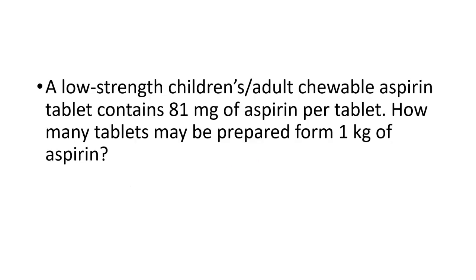A low-strength children's or adults chewable aspirin tablet contains 81 milligrams of aspirin per tablet. How many tablets may be prepared from 1 kilogram of aspirin? So we have 1 kilogram of aspirin, and each tablet is 81 milligrams of aspirin per tablet.